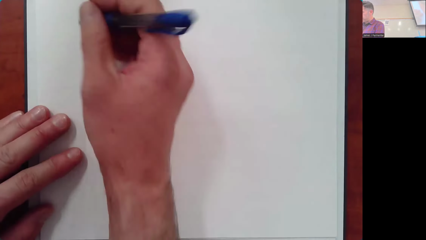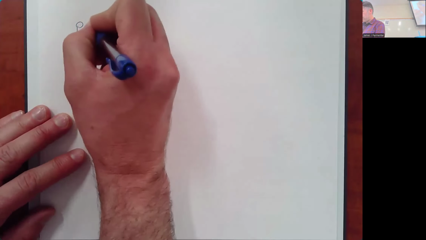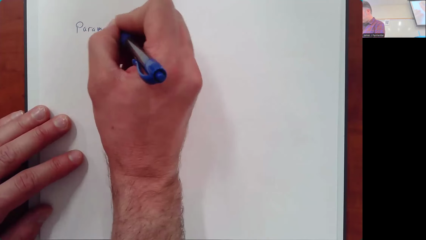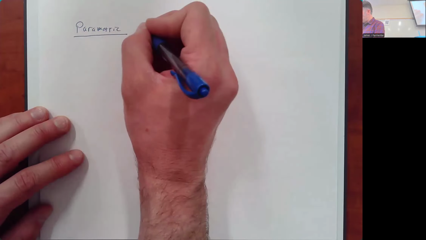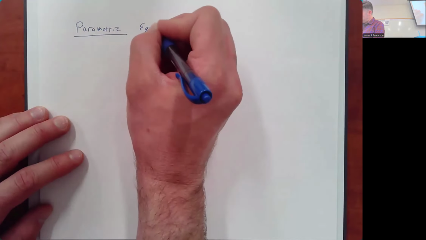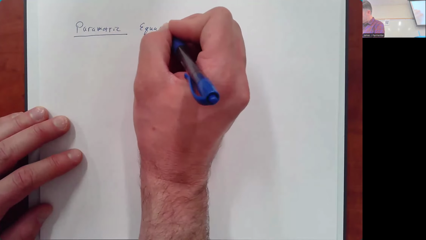Parametric equations. My last name has often been mistaken for a parameter, and is in fact a parameter. But that's neither here nor there. So a parametric equation is just a way of defining a curve in space in terms of a third parameter.